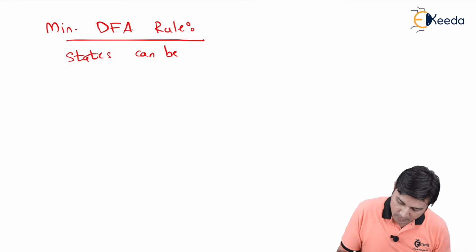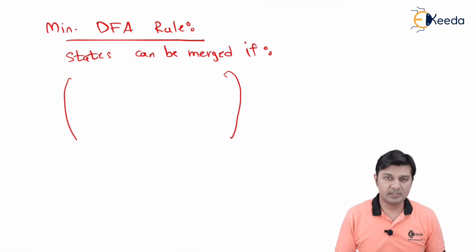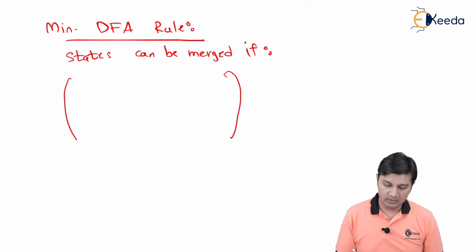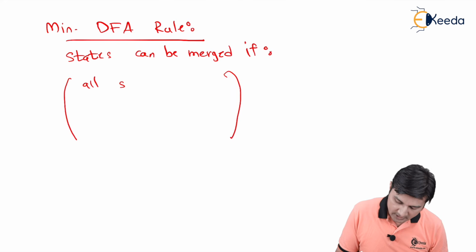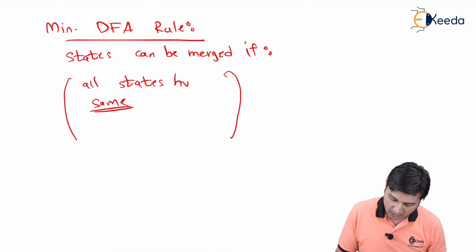Rule number one: all the states have the same transitions. Very important, all the states have the same transitions.